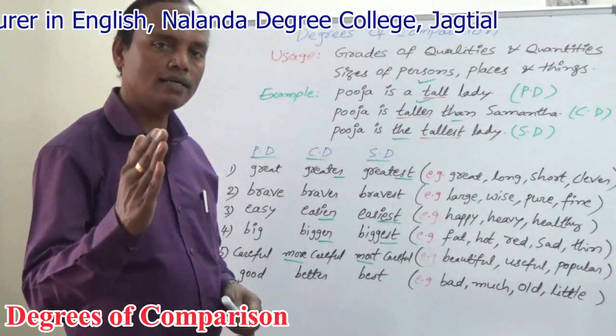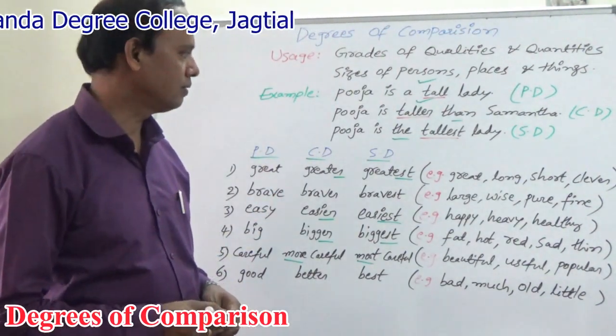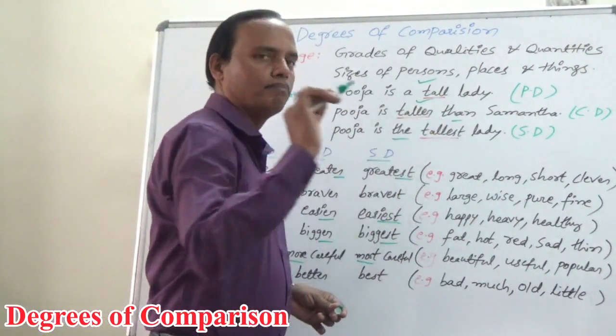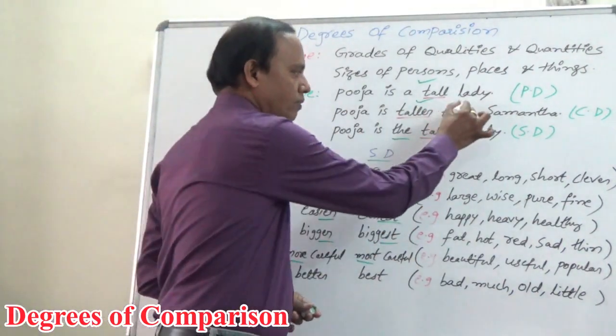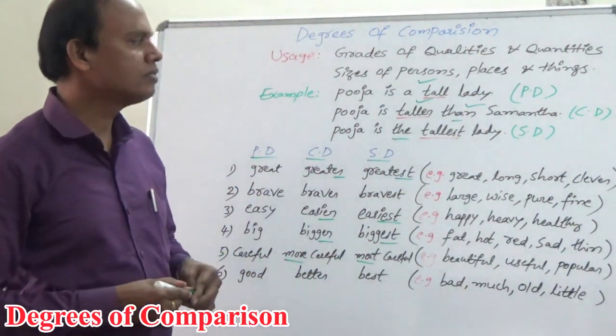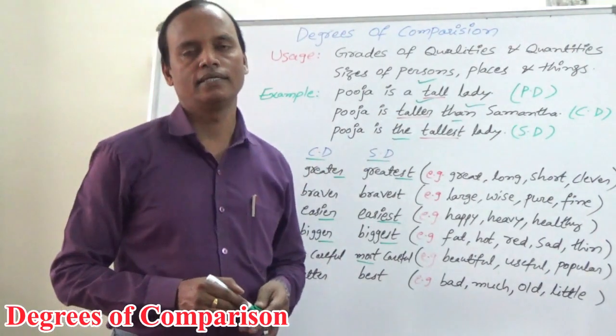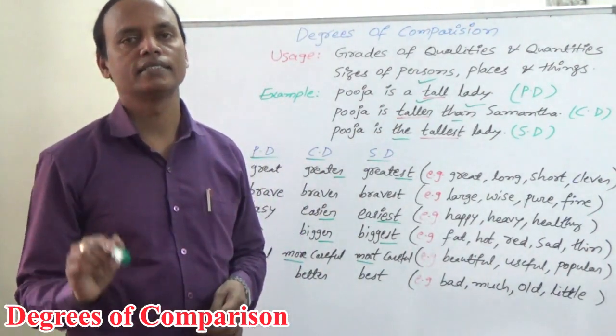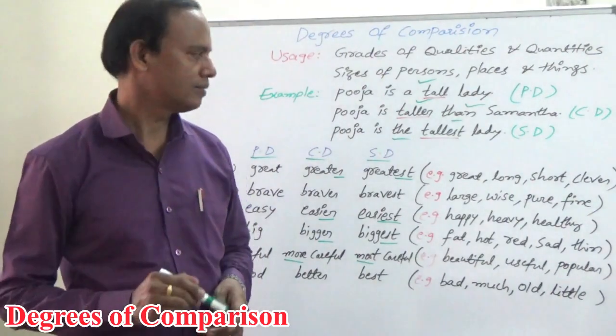Pooja is taller than Samantha. Don't forget students, whenever comparative comes, than follows, alright. Whenever you see than, then you can understand the sentence is in comparative degree, alright.